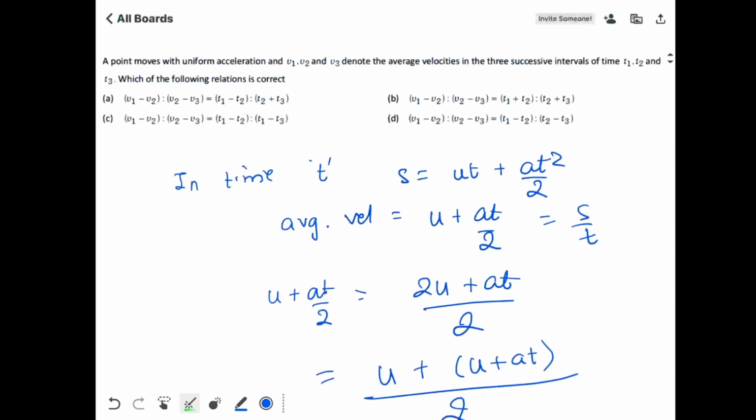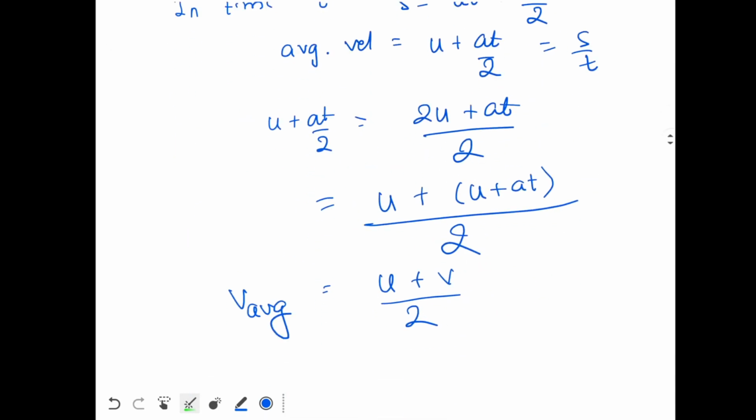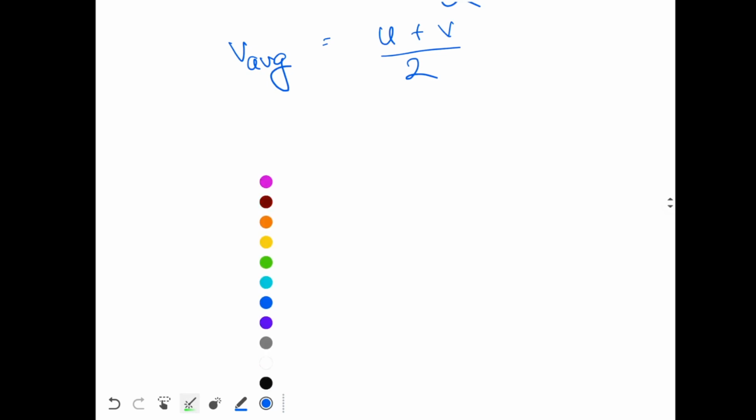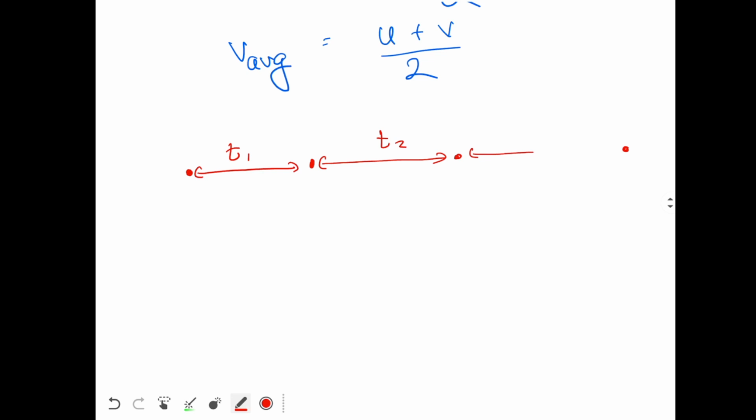So in the question, we have three time intervals t1, t2, and t3. So let's say that initially the particle is over here, after t1 over here, then after t2 over here, then after t3 over here. So this distance is covered in time t1. This distance is covered in time t2, and this is covered in time t3.